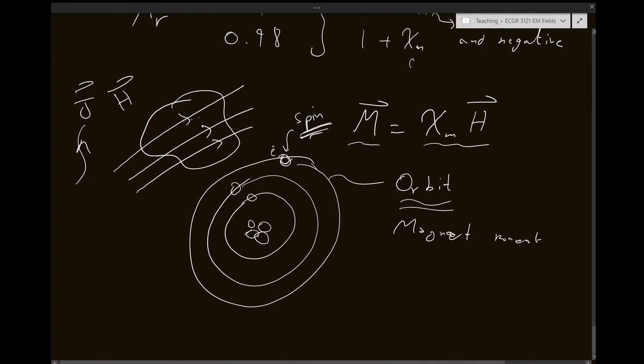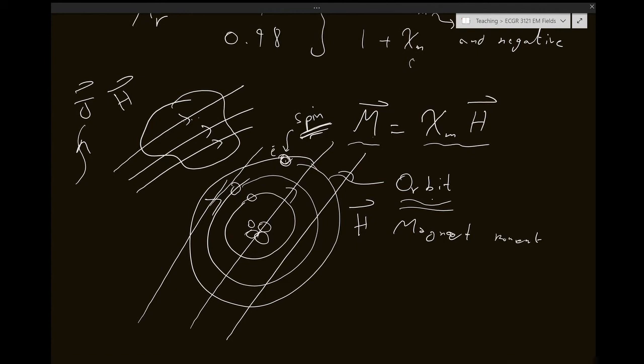The gist of it is that this interaction between the spin and the orbit of the electron behaves in such a way that the effect, and this is a quantum mechanical effect, it's hard to explain classically, the effect of an external field is to make the moment of the orbit versus the spin unbalanced, meaning one will be slightly larger than the other.